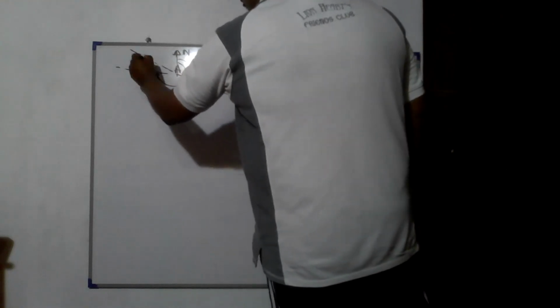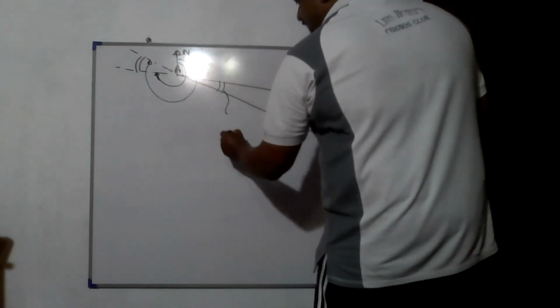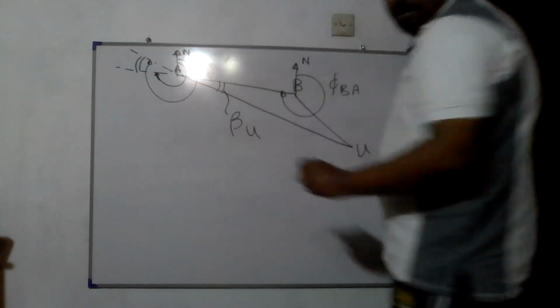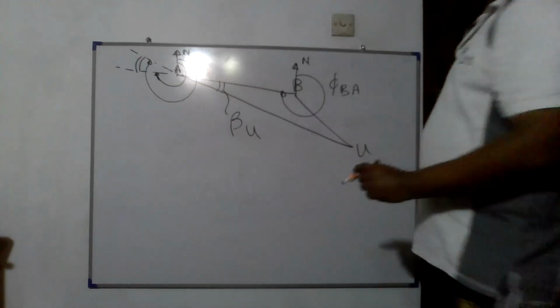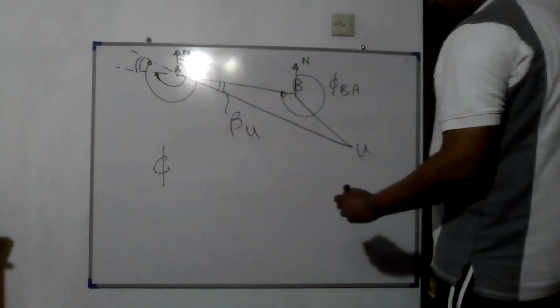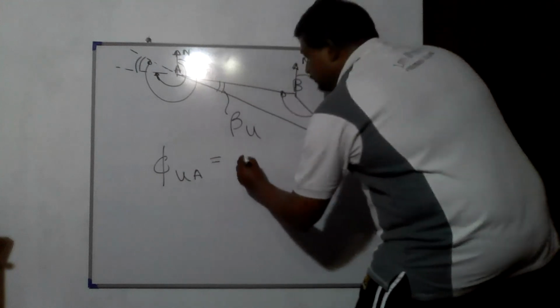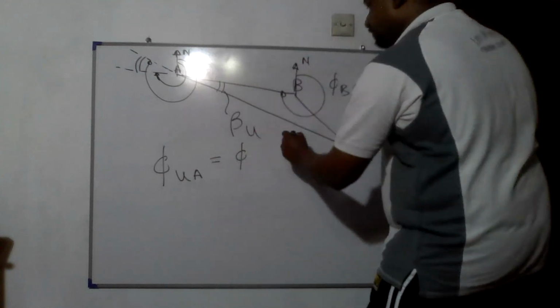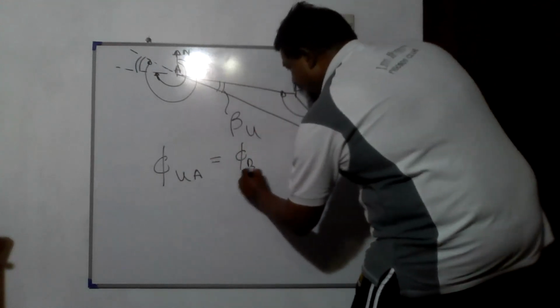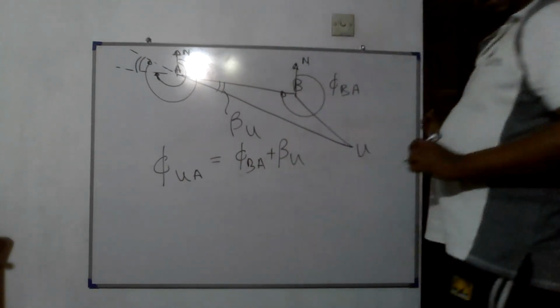So you only need to add this angle here. Now this angle is what? It is beta u, right? According to the image. So if you want to find the bearing of UA, it is equals to the bearing of BA plus beta u, right?